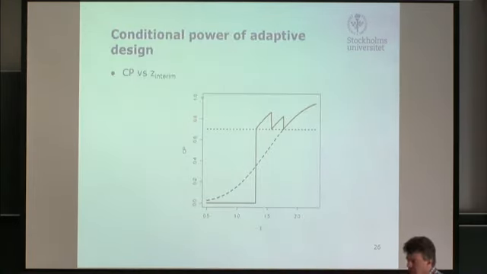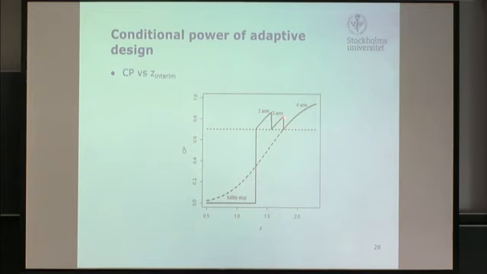The conditional power then in the interim looks like this. So we have the observed Z value from the interim, and if it was above 1.76, we continue with the design we had planned. So we go to a 4-arm trial.